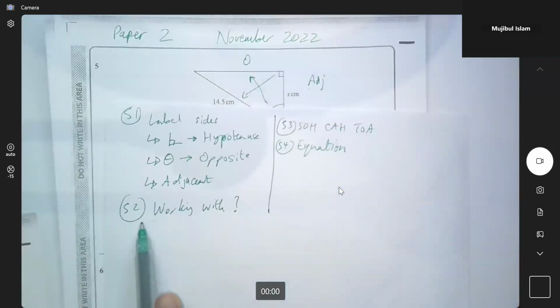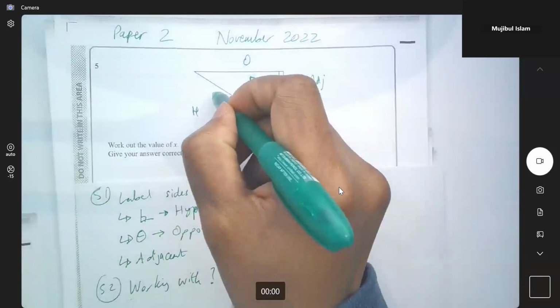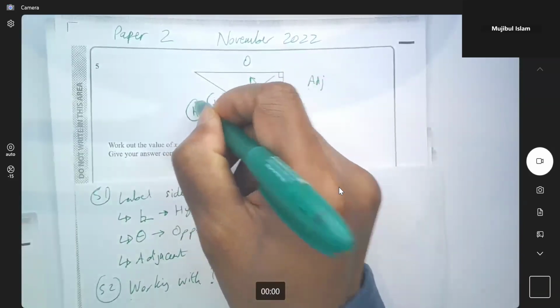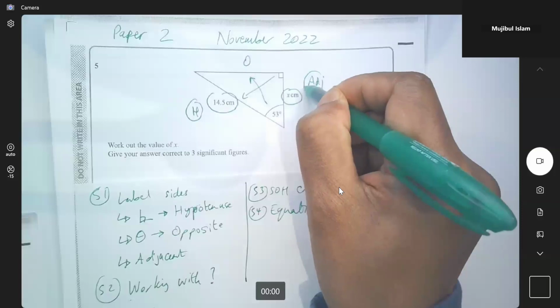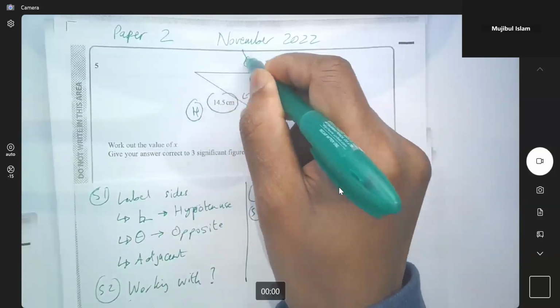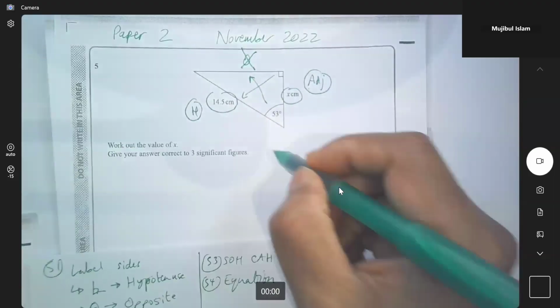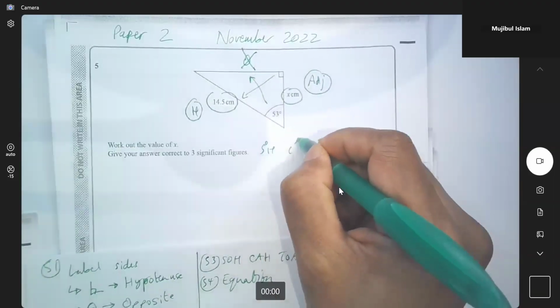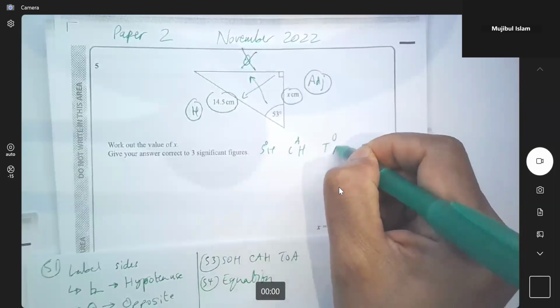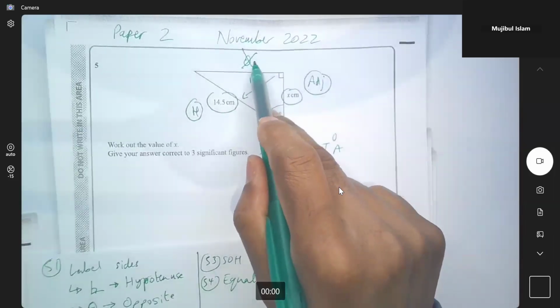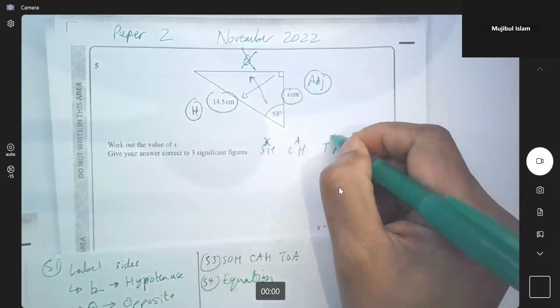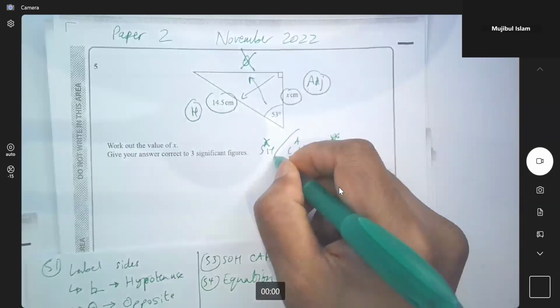Okay, step two, what am I working with? 14.5 is hypotenuse, x is adjacent, and there is nothing for opposite. So step three is SOHCAHTOA. Crossed out opposite, cross out the O, cross out the O. So I'm working with CAH.